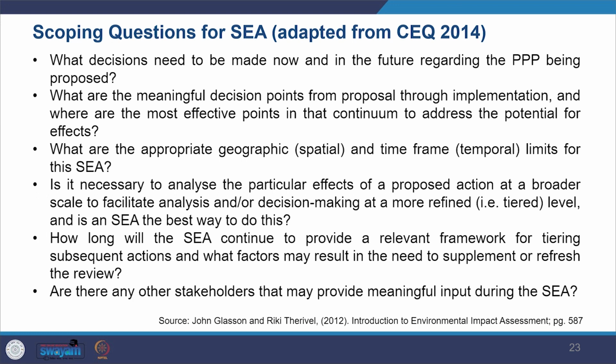Is it necessary to analyze particular effects of the proposed action at the broader scale? Do you really need to do it or not, and how long will SEA continue, the time frame of it? Are there any other stakeholders that may provide meaningful input? So what stakeholders are to be considered and how many, and identification of the key stakeholders. That is about the key questions you might look at in the scoping stage of SEA.